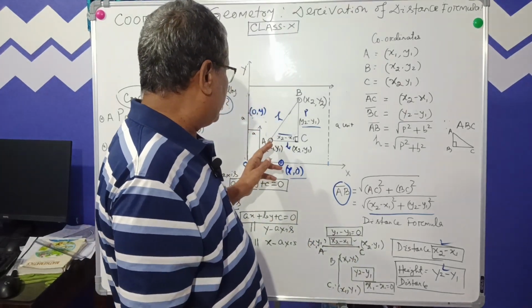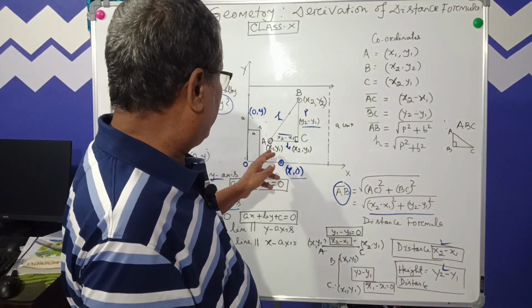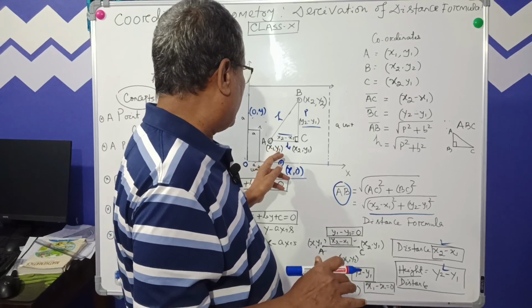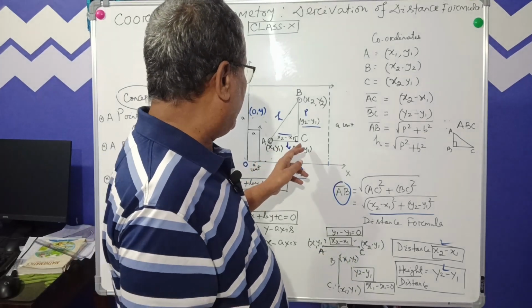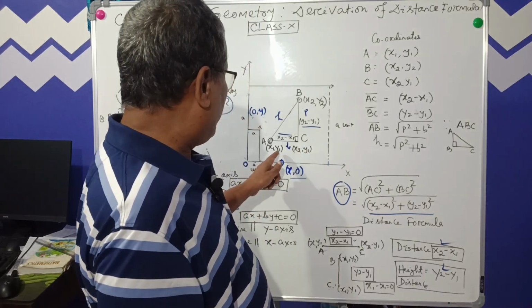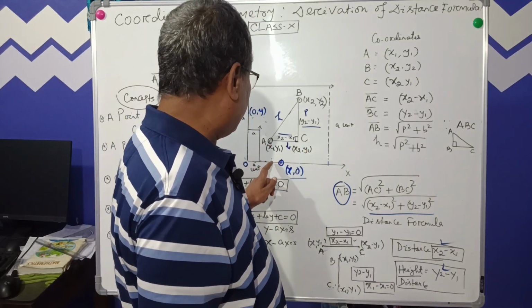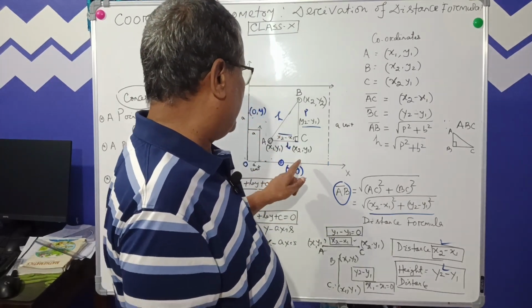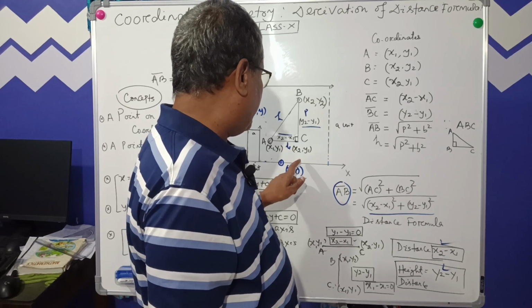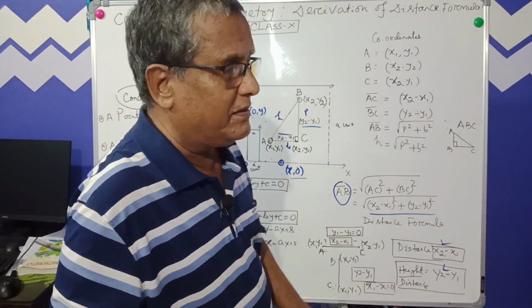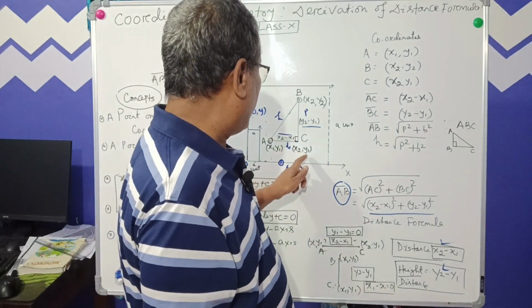Now you see, A is a point and it has two coordinates, let x1 and y1. And at point C, x2, y1. Why y1? Because the perpendicular distance from the x-axis to A is equal to the perpendicular distance from the x-axis to C. So this is y1 and y1.